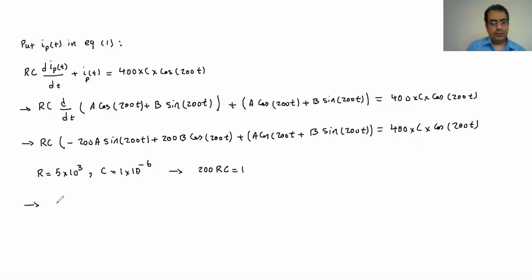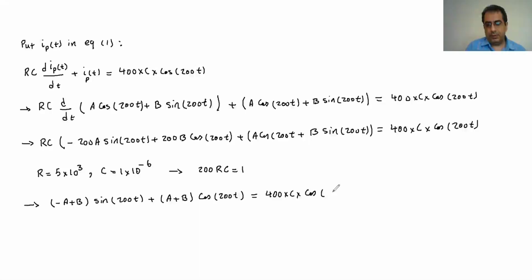what we're going to get is negative A plus B sine 200t plus A plus B cosine 200t would become equal to 400 times C times cosine 200t.